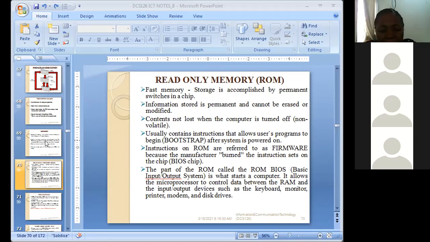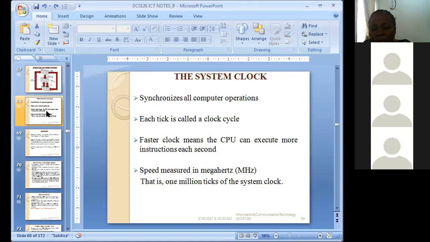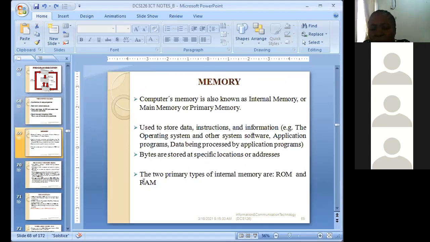Remember at this point, I'm going back a little. Under ROM, here, this example where we said operating system and other system software are stored in ROM.